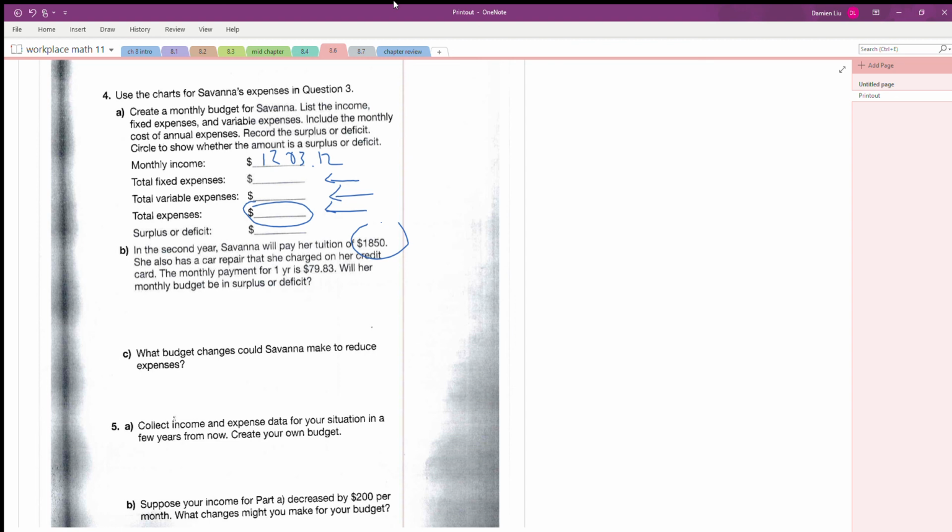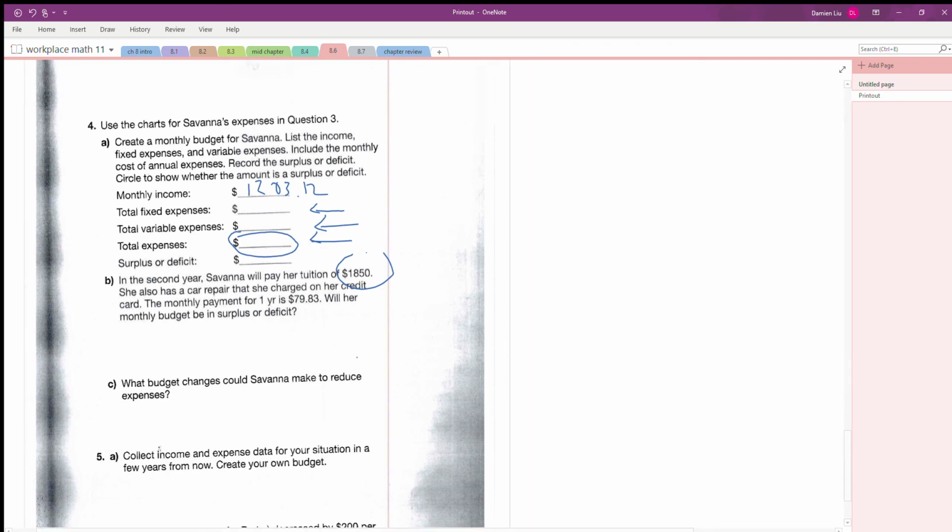It doesn't make any sense that would be per month. So it's not clear, but this is going to be $18.50 per year. You need to figure out what that is per month by dividing by 12. All right, so we then find out a monthly cost for her tuition, and then that's her monthly cost for her car. Add the two together and see whether or not now her new budget will be in surplus or deficit.